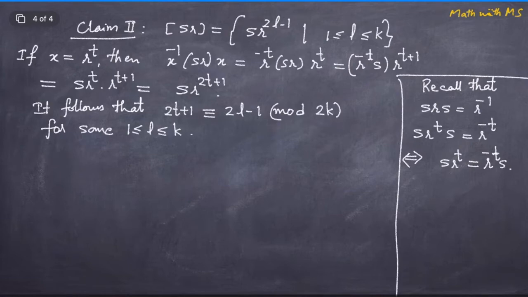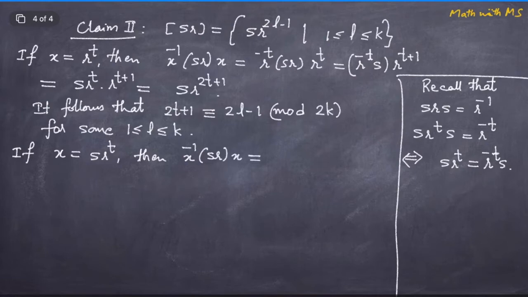Now let us conjugate SR by another element, which is of the form s r to the power t. If the conjugating element is of the form s r^t, then x inverse SR x, when you compute it, we see that it is of the form r to the power minus t into s, s into r into s r to the power t.